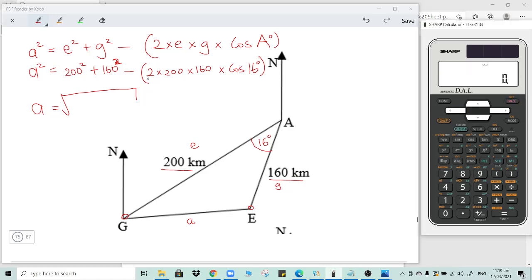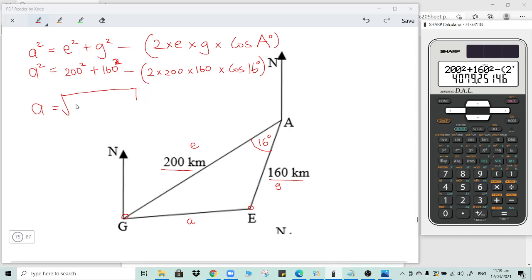Now let's type this straight into our calculator: 200 squared plus 160 squared minus open brackets 2 by 200 by 160 multiplied by cosine 16 close brackets.